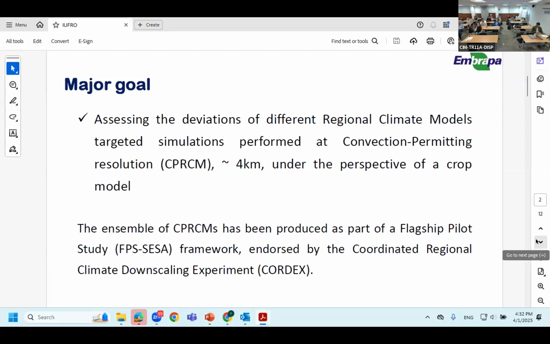Afterwards, I can explain, because otherwise I'll lose many of you. But it's not only about 4 kilometer resolution. There are some implications when you run a climate model at those resolutions. But the idea was to take the deviation of this simulation into the perspective of our model.